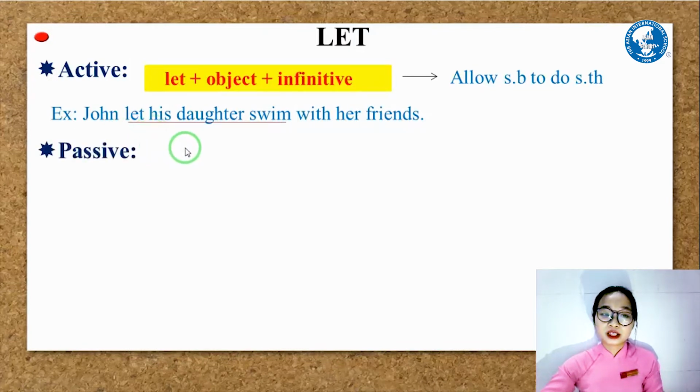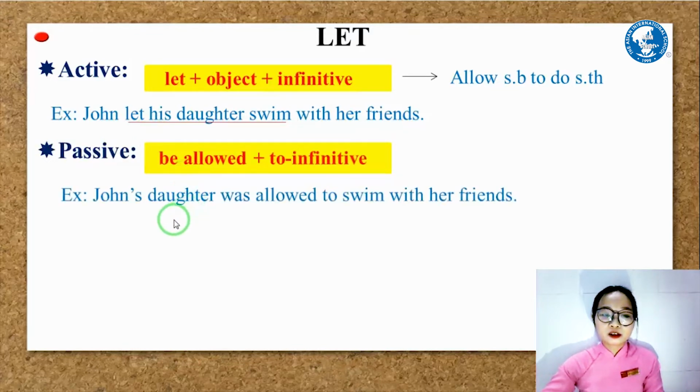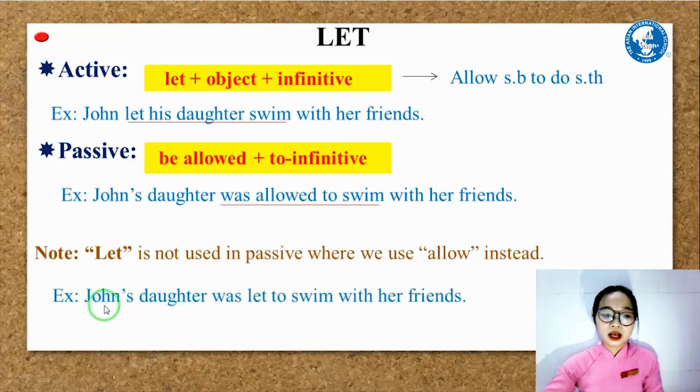And in passive voice, be allowed to infinitive. For example, Sean's daughter was allowed to swim with her friends. So be careful that let doesn't have a passive form. So we don't use let in passive voice. Instead, we use allow. For example, "John's daughter was let to swim with her friends" is totally wrong.